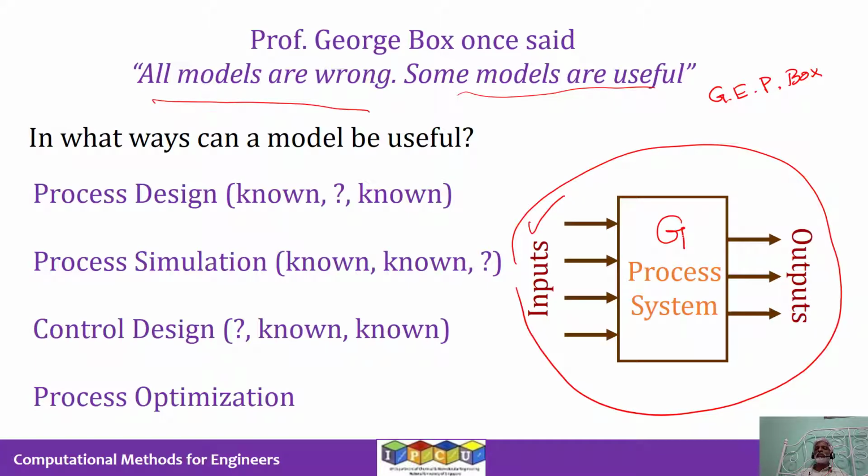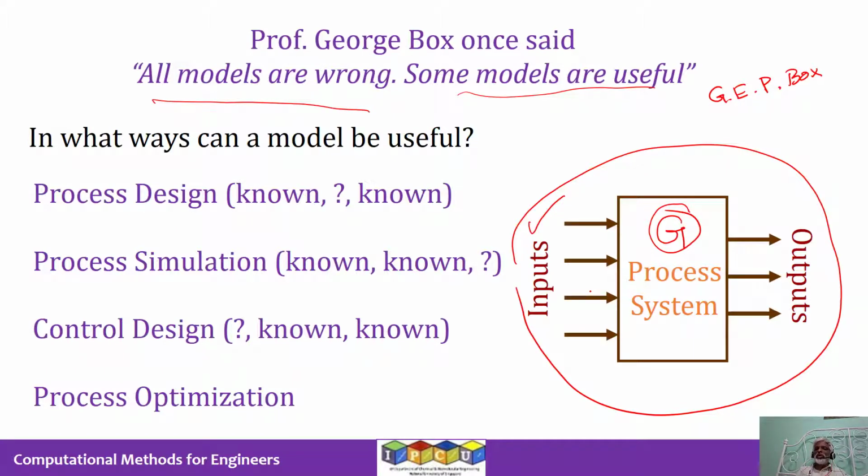We can just call it, in abstract terms, the model G. This is a function that transforms the inputs into the outputs. If you look at a reactor, the input can be raw material A. There are conditions within the reactor that convert A into the output B. Let's say B is the product.